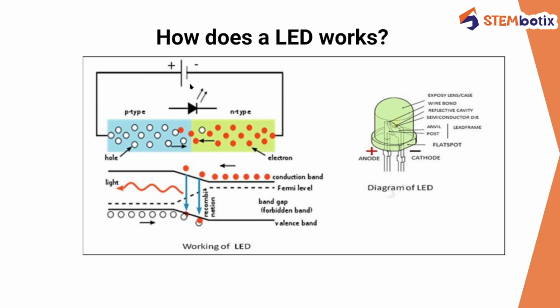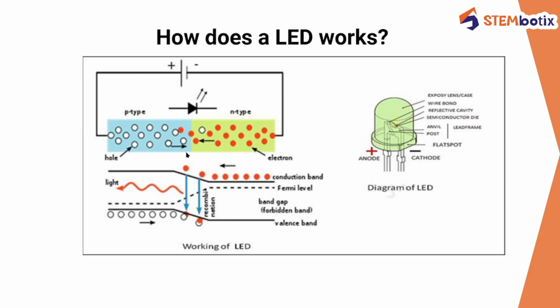Whenever this diode is connected to a power source, provided the positive terminal of the battery is connected to the p-type and anode, and the negative terminal of the battery is connected to the cathode of that diode or n-type material, only then there will be a recombination of electrons and holes.